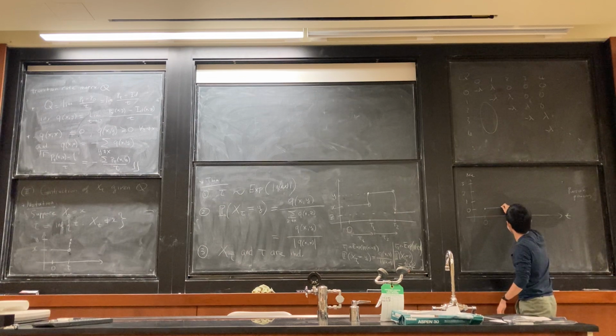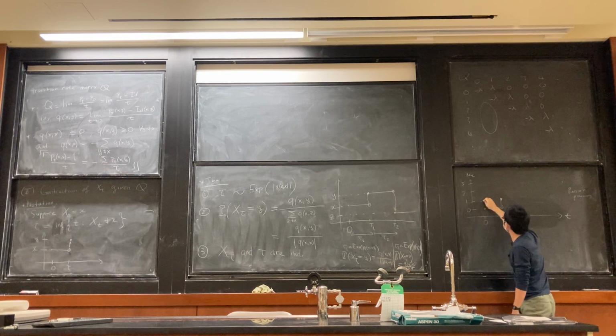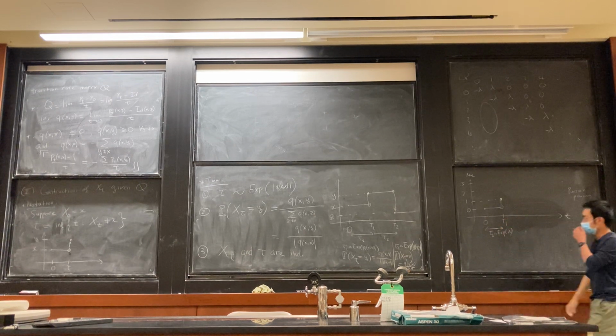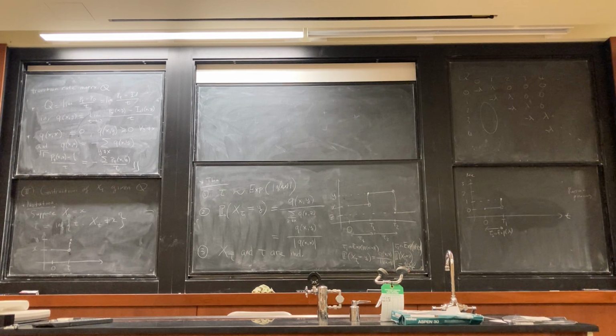That means at this time T1, I'm going to jump to 1. And remember, tau here, the first arrival time, is exponential, which matches the Q at 0, 0, negative lambda.